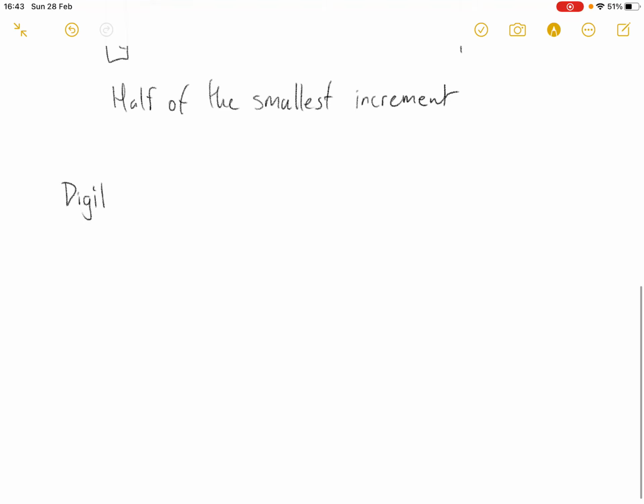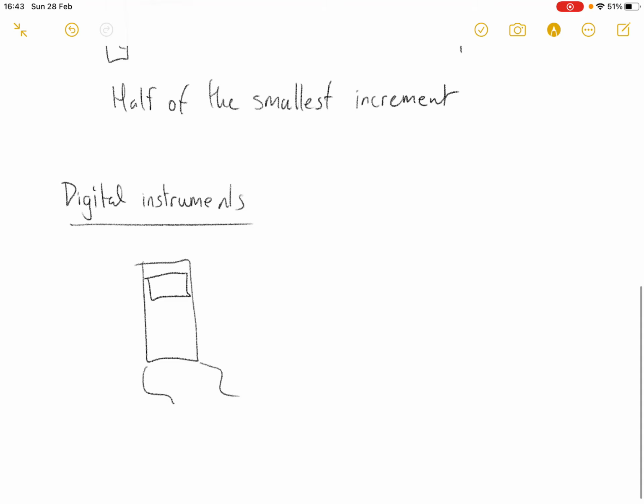Okay, now what about digital instruments? Let's say I take something like a digital voltmeter. Okay, so here's my voltmeter and I've connected it up to some circuit, and on the voltmeter it says 7.04 volts. Okay, so my reading is 7.04 volts. Now for digital instruments, the smallest number that you can read off this display would be 0.01 volts.